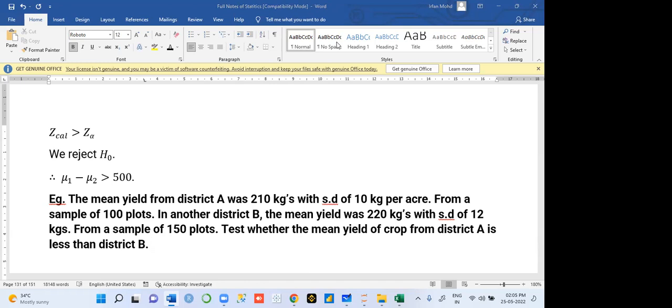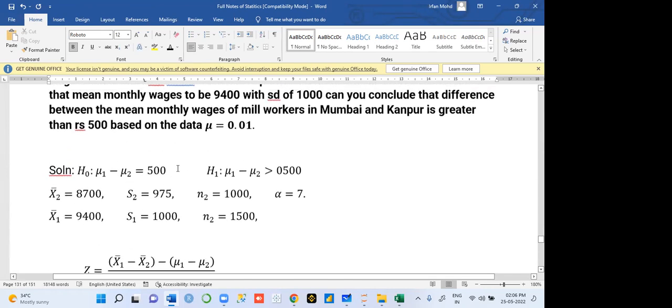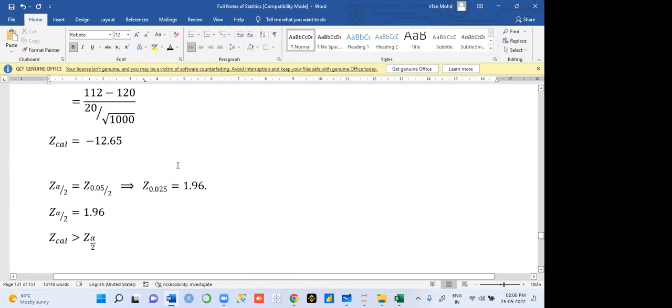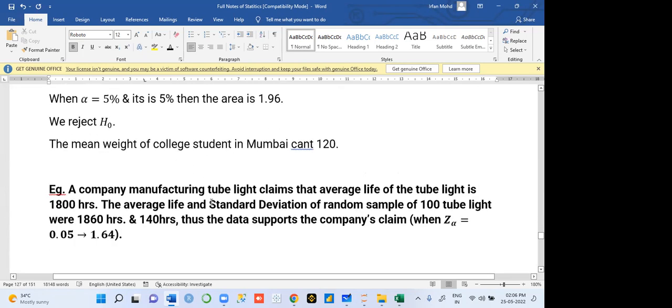Yes, Anisha. Sir, the questions for one sample and two sample are similar, no? So how do we identify which one to use? They are not similar. How can they be similar? Let me show you. One second, guys. In one sample, how many samples do you have, with the standard deviation?